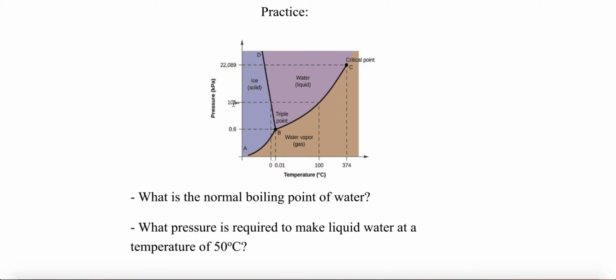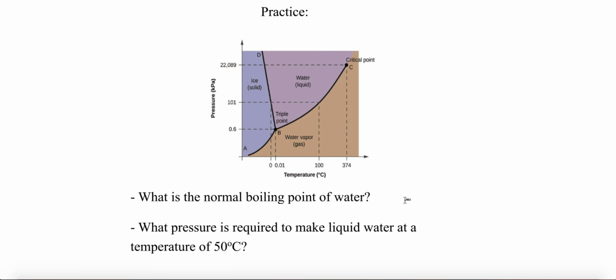Boiling point means it's going from a liquid to a gas. So we're going to look for the line at 101 kPa when it starts to transition from a liquid to a gas. Just moving over here, here's that line, liquid to gas. Well, that's 100 degrees. This is already common knowledge for us. We know that water boils at 100 degrees centigrade, but this phase diagram helps to prove that.